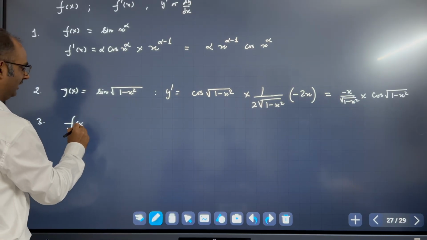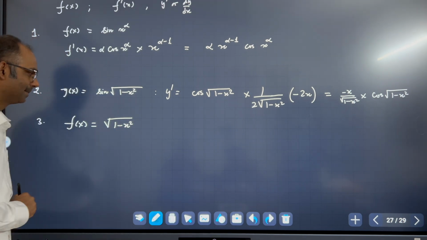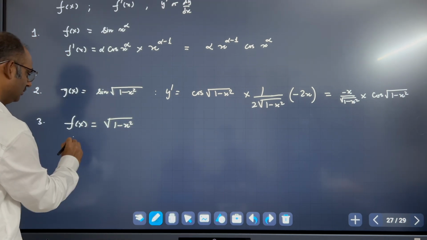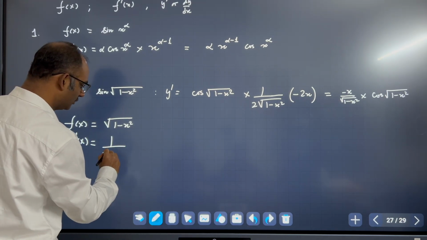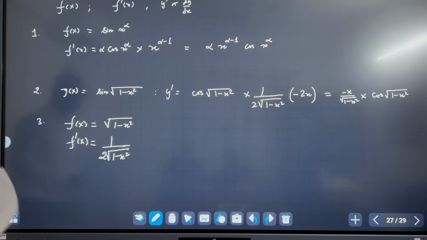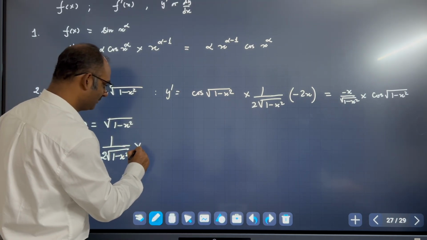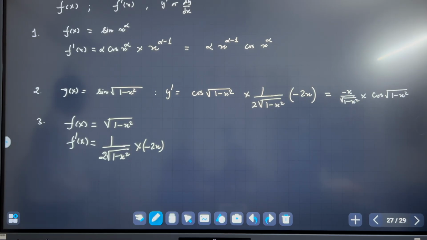Let's say f of x is square root of 1 minus x square. I'll have to use chain rule. So f prime of x is equal to 1 over 2 times square root of 1 minus x square times minus 2x. Do you understand this? See, if it was just square root of x, then it is 1 over 2 square root of x.